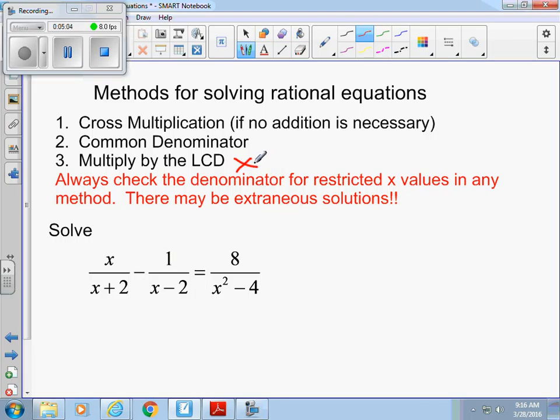Finding a common denominator and multiplying by the least common denominator are essentially the same steps. But we've been finding common denominators last week, and you got pretty good at it, so I'm going to stick with what you're good at. So I'm not going to show you number 3. However, if you feel like that's the way you did it in Algebra 2 and you want me to show you that, come see me and I would love to.